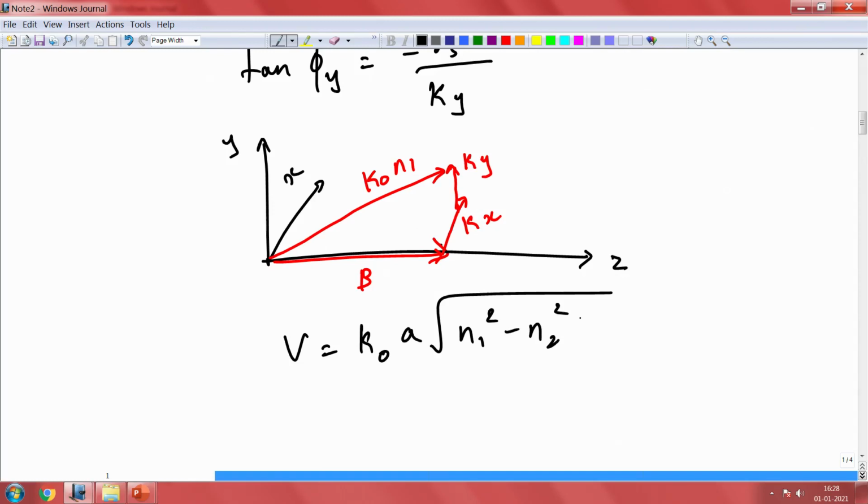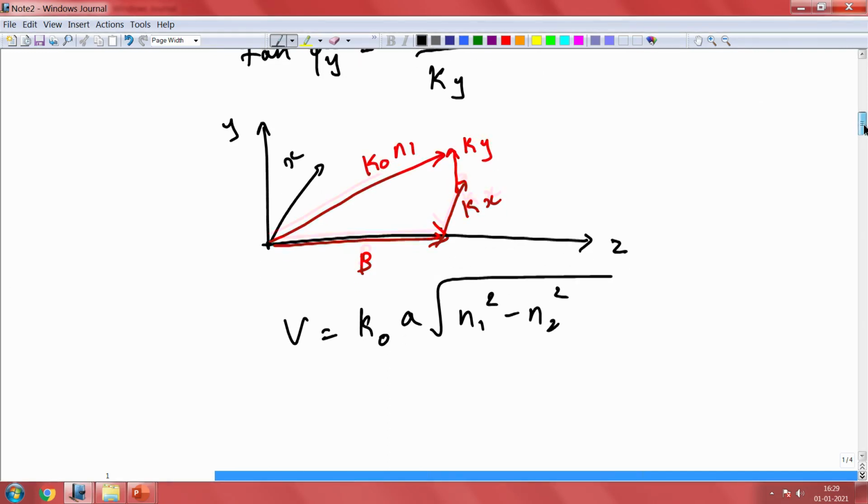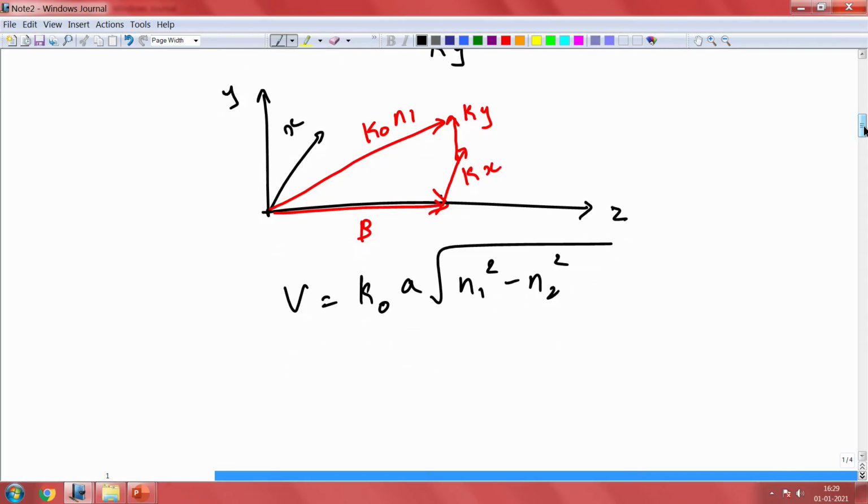So, this is something that we already know. So, for a smaller dimension, where a is reasonably small, n1 here is the core refractive index and n2 is your cladding refractive index. So, you could plot v versus b. So, if we plot v versus b, we should be able to find the propagation constant of this.